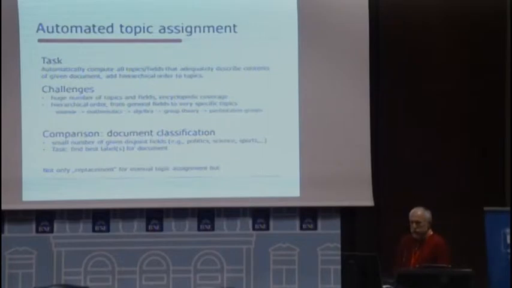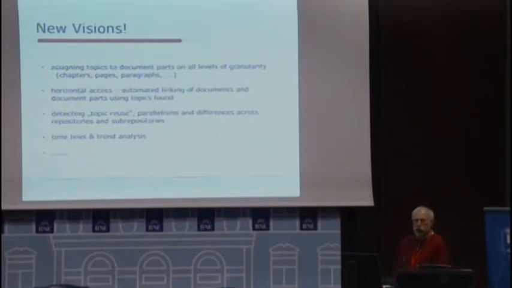But after all, what we have in mind when we are looking at automated topic assignment is not just a replacement for manual techniques, but we also have some new visions. By automated techniques, we could not only assign topics to a full document, but we could assign topics to document parts on all levels of granularity, for example, to chapters, to pages, to paragraphs.